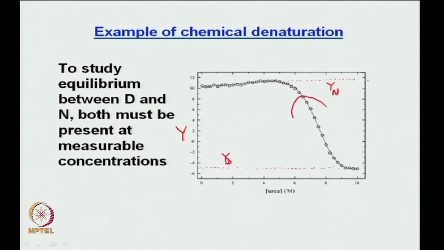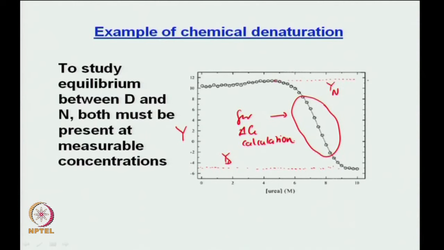Somewhere close to this. So, this is my transition region, and this is the region which is going to give me the most reliable values of delta G, right. So, this is what I am going to use for delta G calculation. This region.